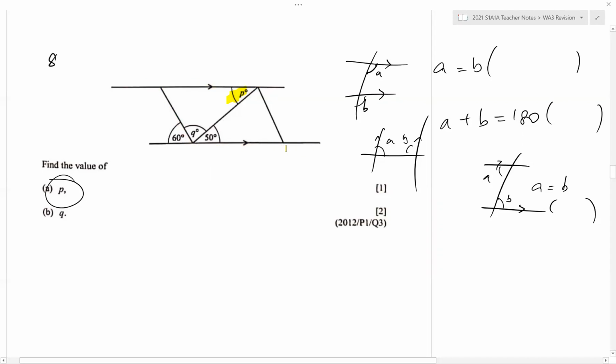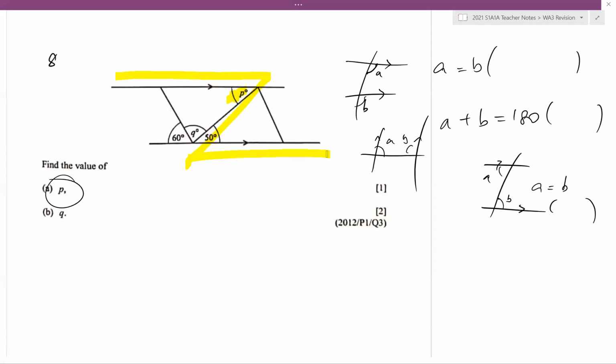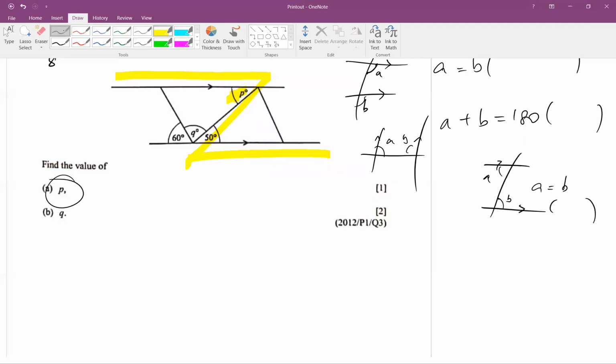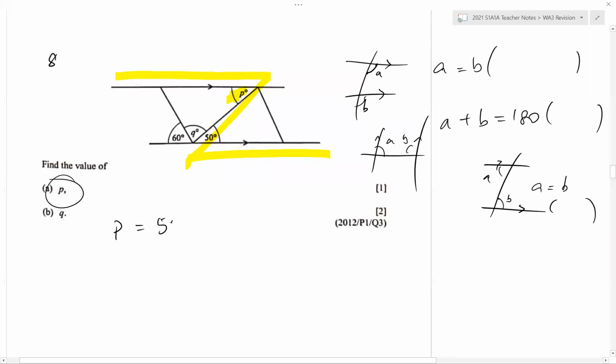Okay, but they don't seem very helpful in finding the value of P. And we also have the letter Z. Now, this is useful because P has a value of 50. We see that from the letter Z. So P is 50 degrees. Alternate angles, parallel lines.